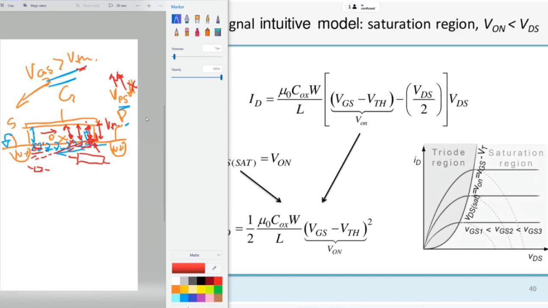If I increase further beyond this point, the voltage between gate and drain will be less than the threshold voltage, which means I cannot maintain the channel in the vicinity of the drain.